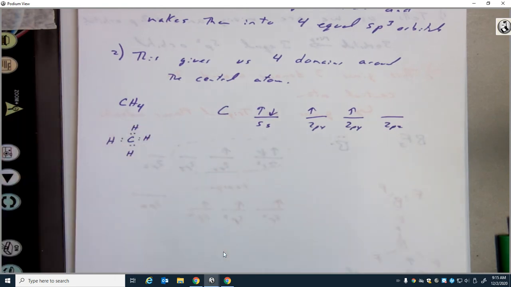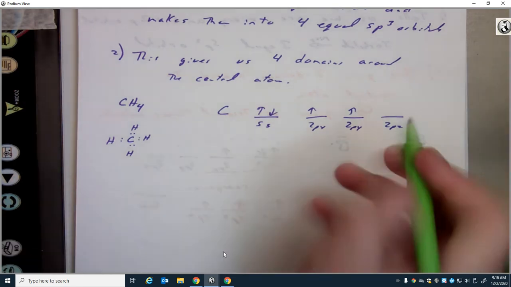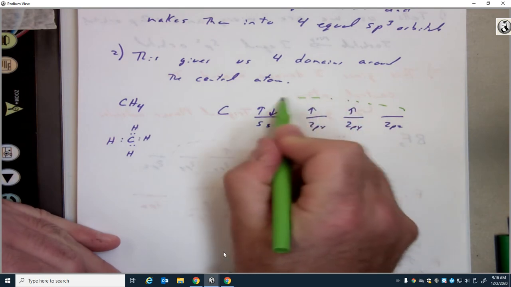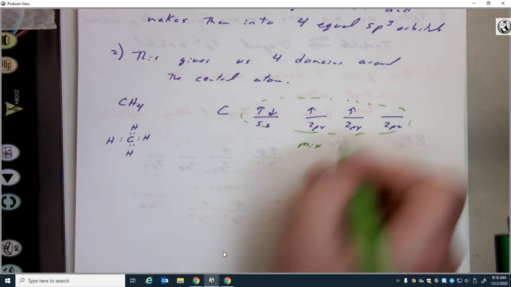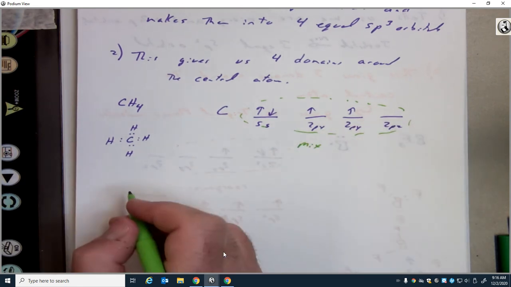If it bonds in a molecule, it's going to reorganize these. It's going to take all of these orbitals and mix them, or reorganize them, or hybridize them.